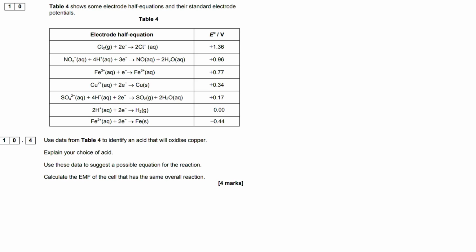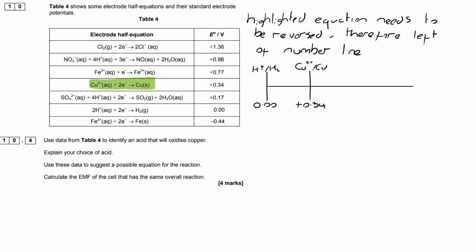So my start point is to identify the half cell with the copper. And we're saying that it's copper being oxidized to copper 2. So that's having to reverse that equation. So I've started by building my number line up. I've put my copper and copper 2 half cell in at plus 0.34.